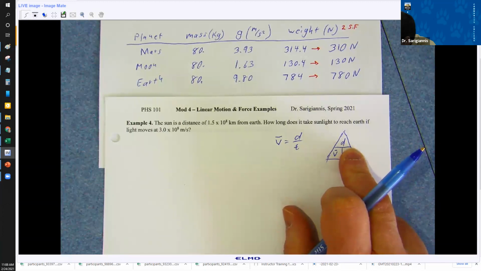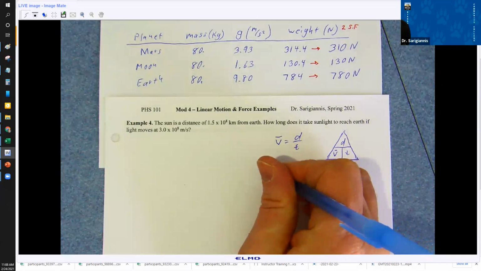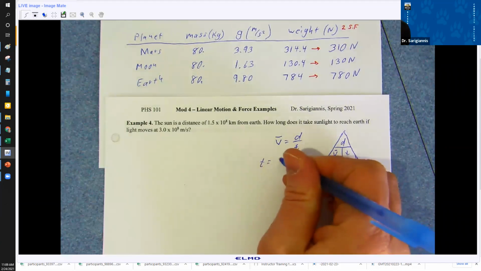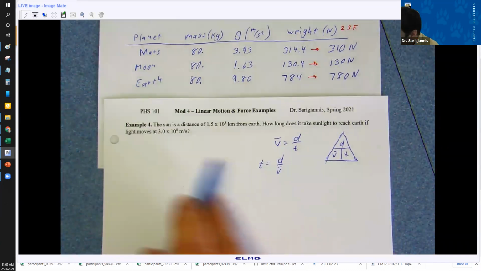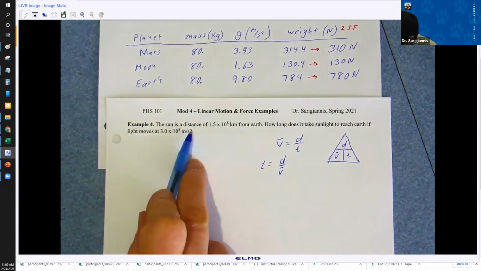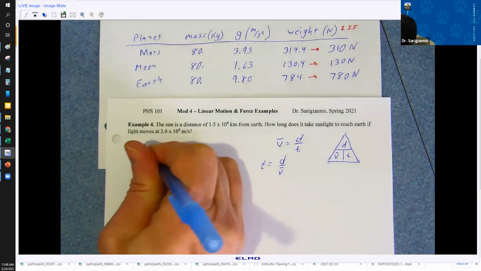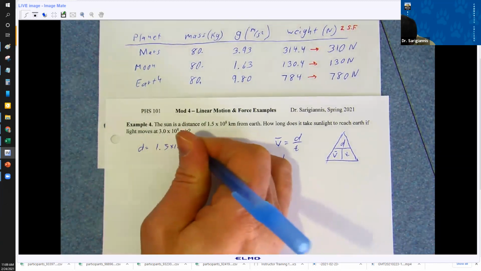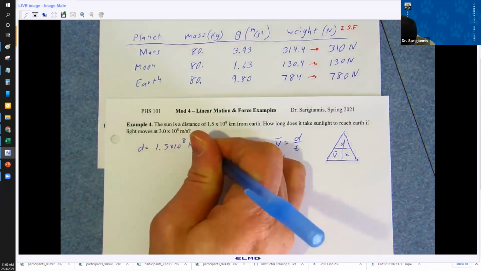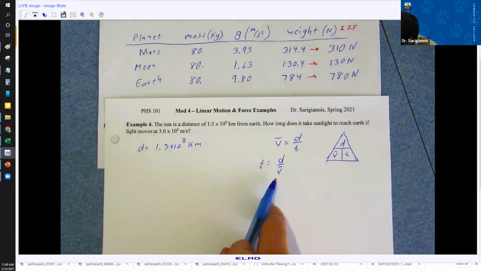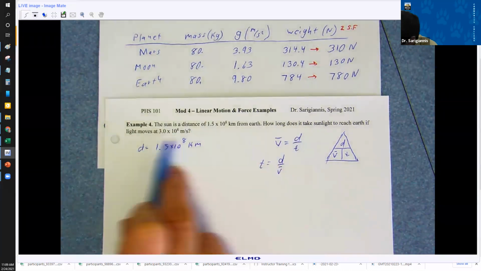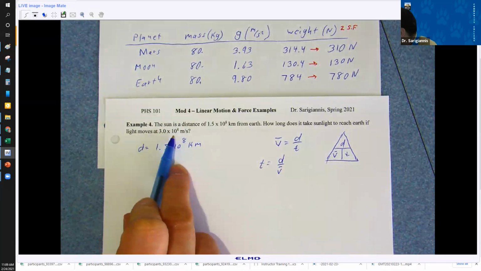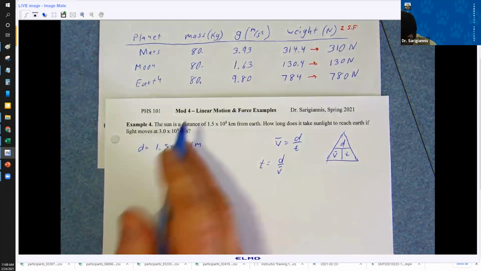So time is just distance over average speed, right? Let's write down what we know. We know the distance, 1.5 times 10 to the 8th kilometers. And we actually know the average speed, right? Sunlight travels at 3.0 times 10 to the 8th meters per second.